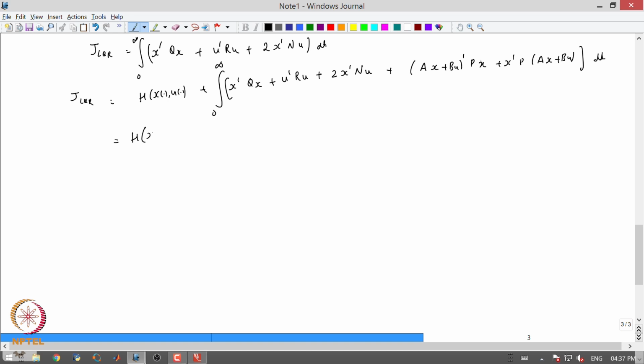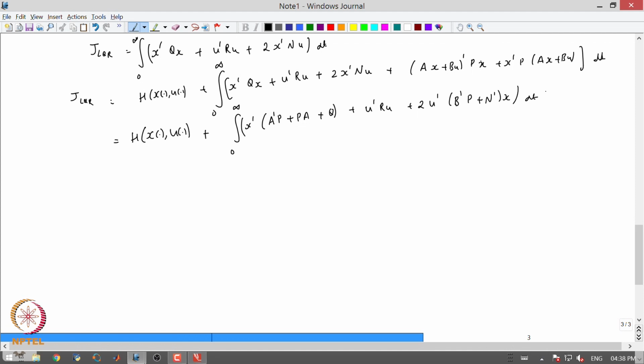So, I have H(x, u) plus integral 0 to infinity x transpose (A transpose P plus PA plus Q) x plus u transpose Ru plus twice u transpose (B transpose P plus N transpose) x, everything with dt.